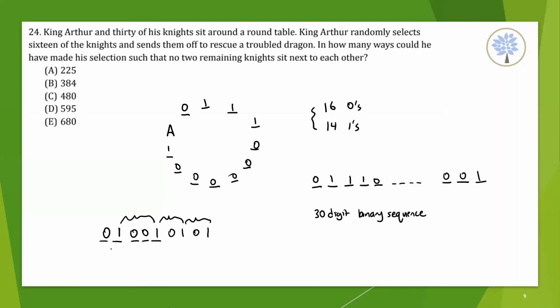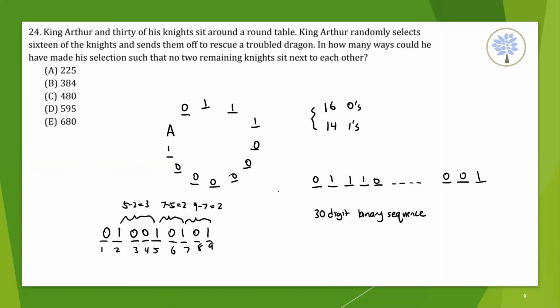Let's just say this position is 1, 2, 3, 4, 5, 6, 7, 8, and 9, and this could go on and on. But the distance between these two neighboring ones is 5 minus 2, which is 3. And the distance between these two neighboring ones is 7 minus 5, which is 2. The distance between these two neighboring ones is going to be 9 minus 7, which is also 2.